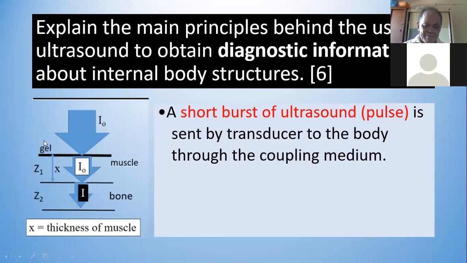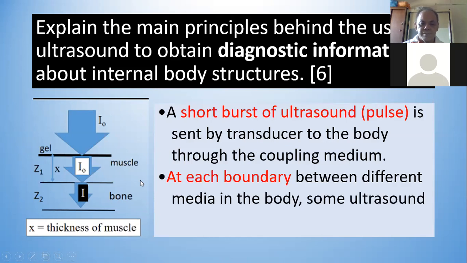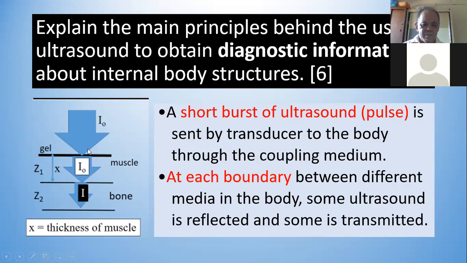We don't want air; the gel is just the medium there. Then we have to explain what happens at each boundary. Some of it will be reflected, and some will be transmitted.